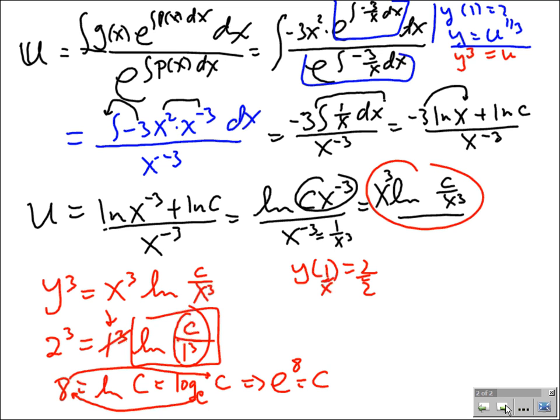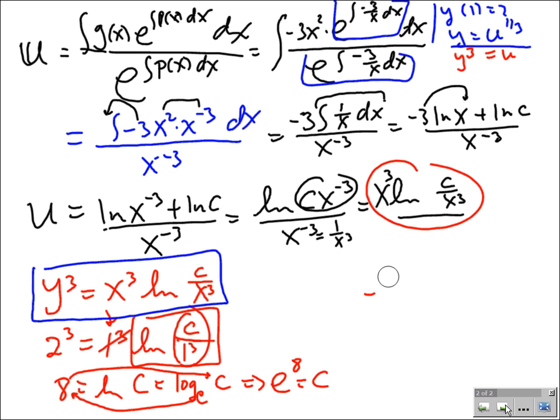Okay? So I update my equation. Y cubed is equal to ln of e to the 8 over x cubed. Now you can leave it like that, but I wouldn't personally. You could say this is ln of e to the 8, which is 8, minus ln of x cubed.